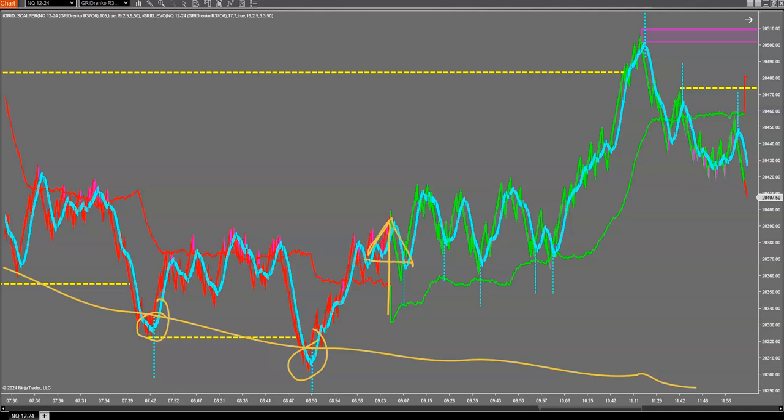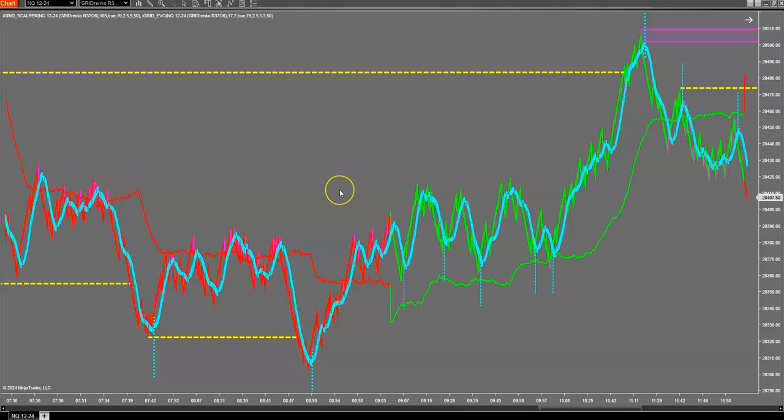So I'll put out more videos on this, but I just wanted to start some discussion on this. And I found what I was looking for. So now I'm going to dig into this and really start moving forward on it. I think this has a lot of merit for defining the edges for those that want to work mean reversion type trades at the edges of the current market structure.